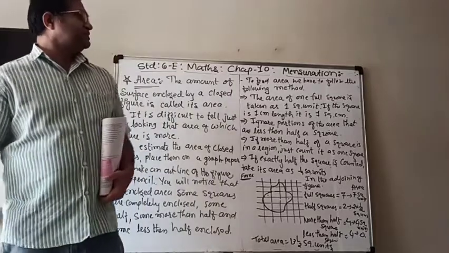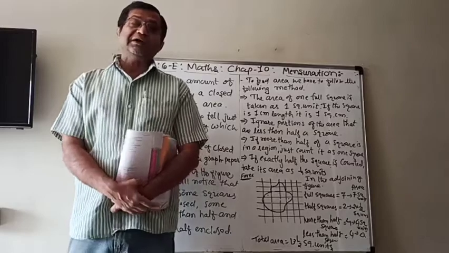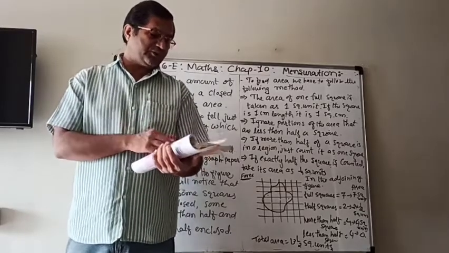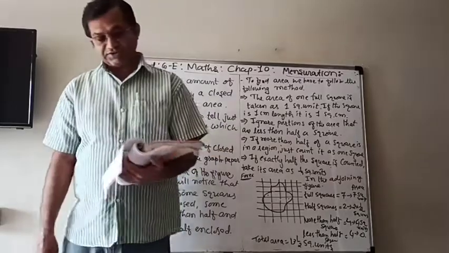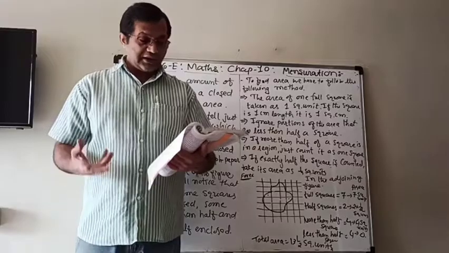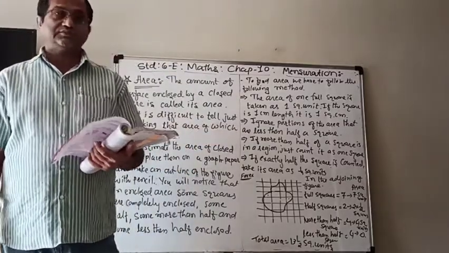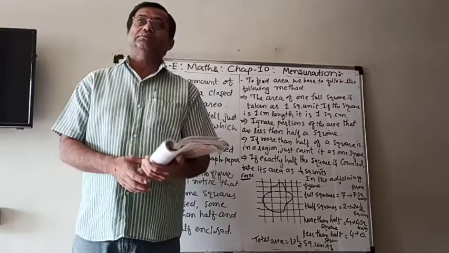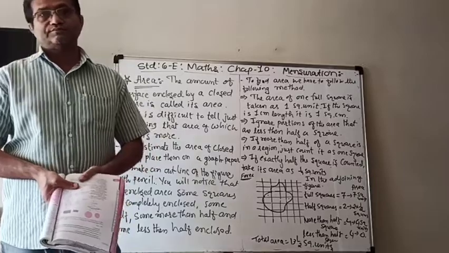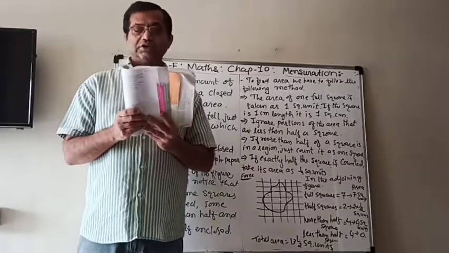In chapter number 10, mensuration, we learn about the perimeter of different types of closed figures. Some are regular shapes, some are other different shapes. We know that the length of the boundary is known as the perimeter of that closed figure.